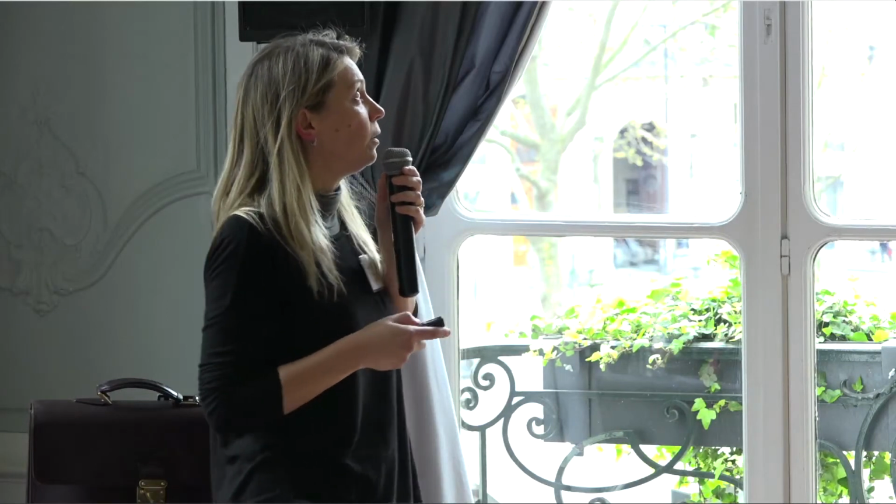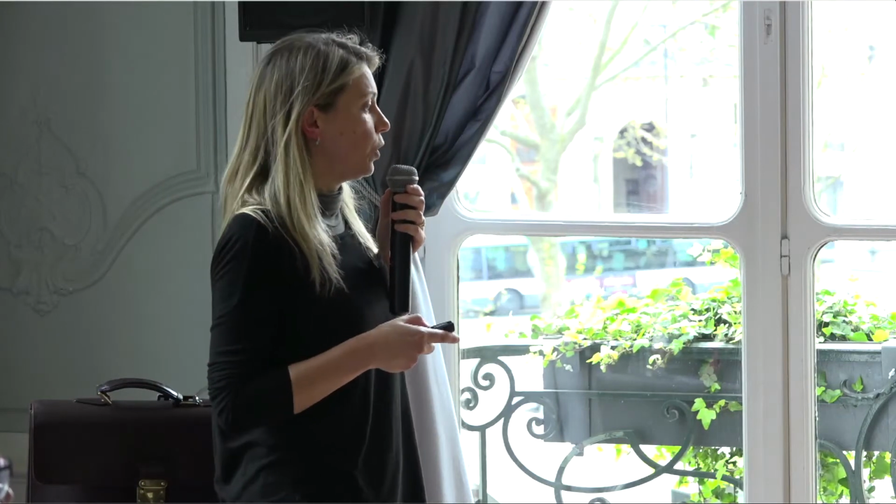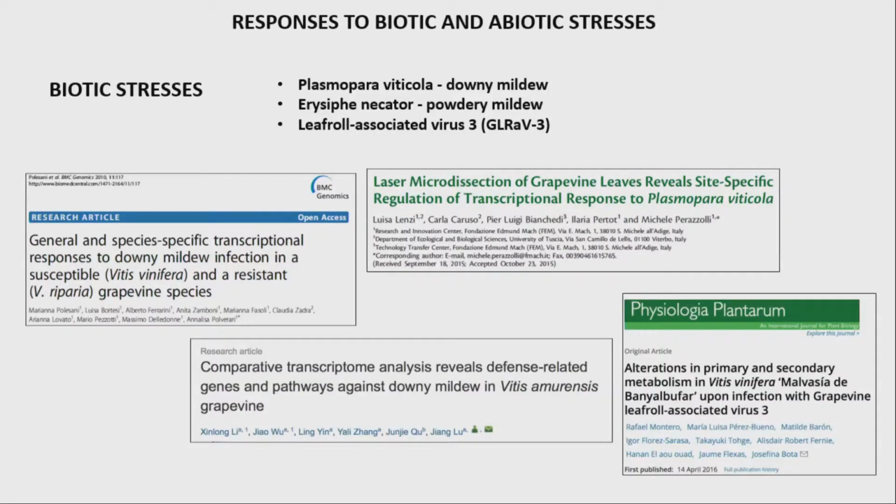Concerning the responses of grapevine to biotic and abiotic stresses, I have time to show you only a few examples, but in the literature there is a huge amount of work in which authors try to find differences in gene expression between, for example, susceptible and resistant cultivars to many pathogens.